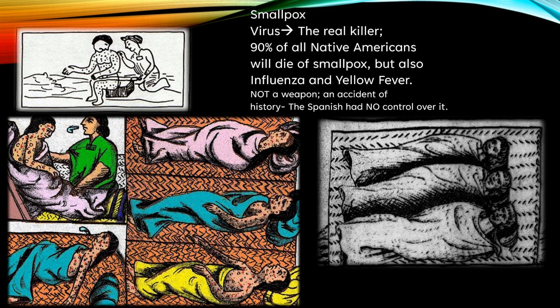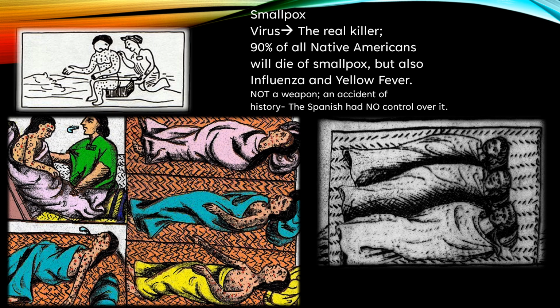The real killer of Native Americans, as you all know, is disease. Smallpox was the big one. It's the most famous. But as modern science gets control of this issue, we find that influenza and yellow fever, which is mosquito borne but does come from Europe, were big killers as well.